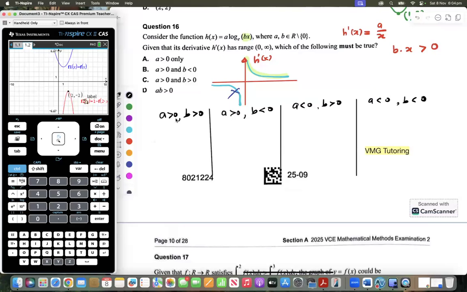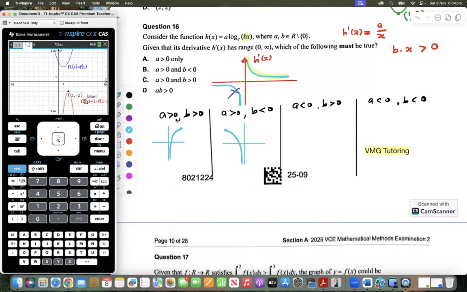Okay. Think about the original graph actually. If a is positive and b is positive, your original graph is a standard log graph. If b is negative, your graph goes like this.